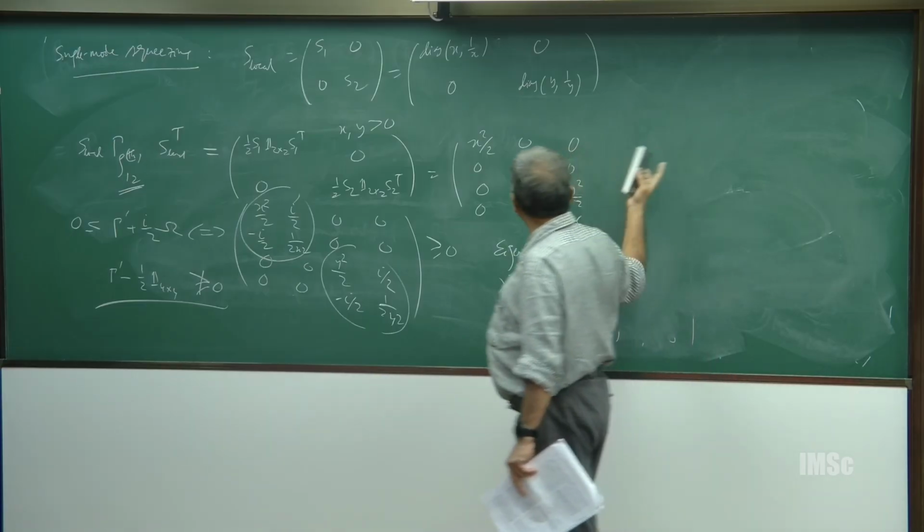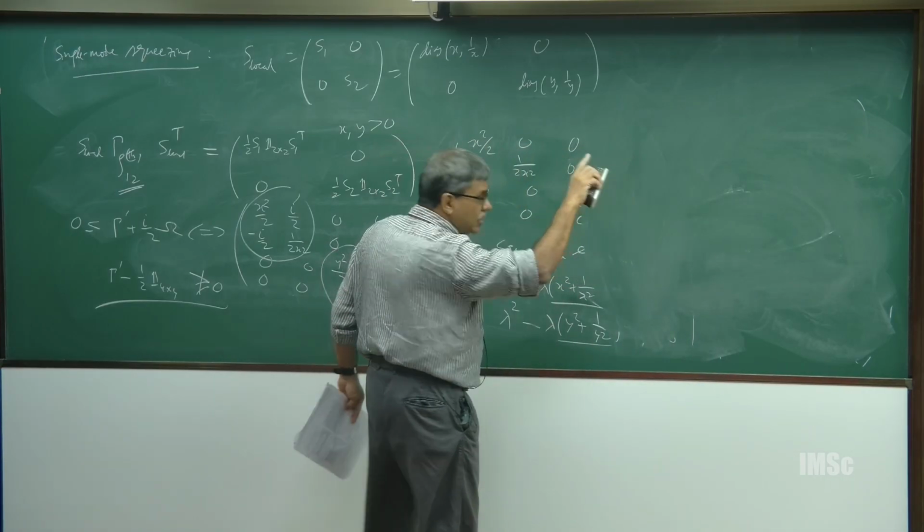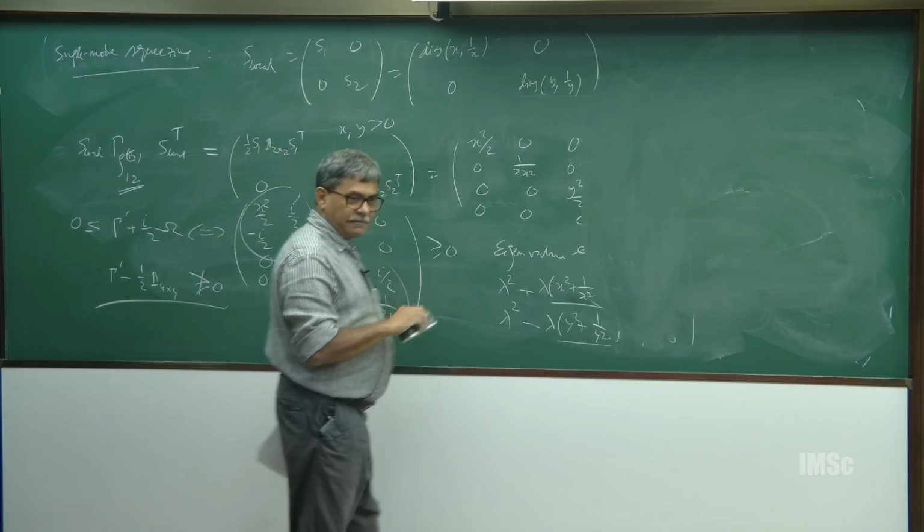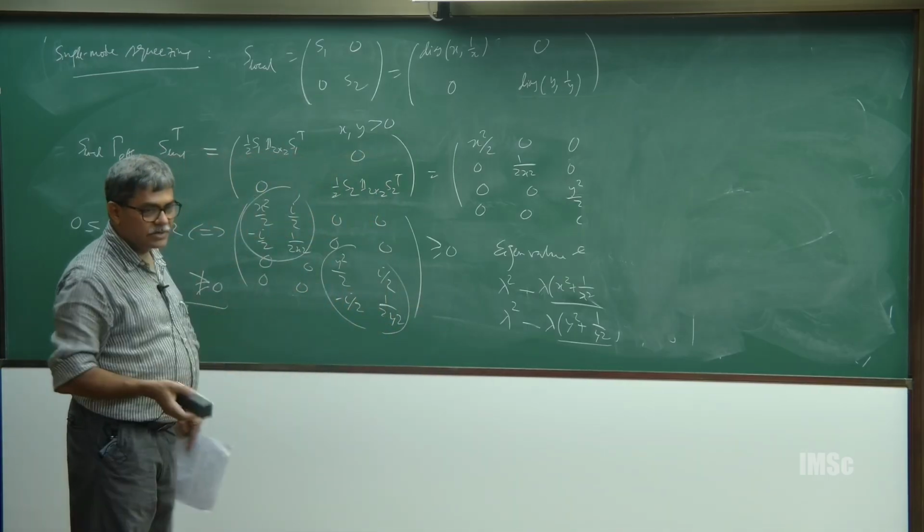So, you see that in the opposite case you need to have greater than or equal to half identity, otherwise it will not work.